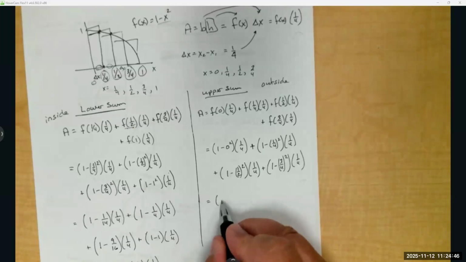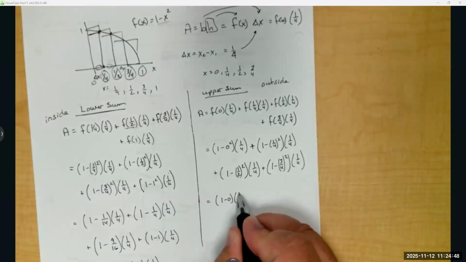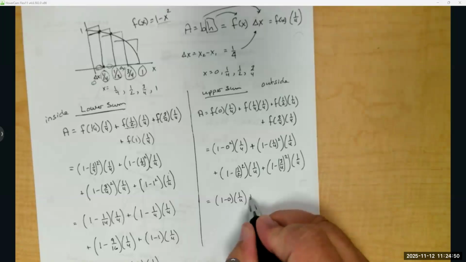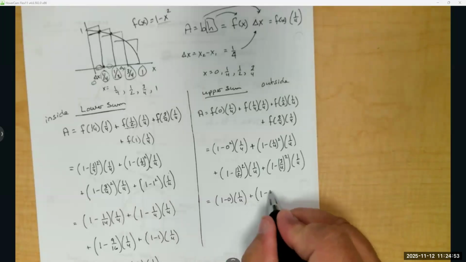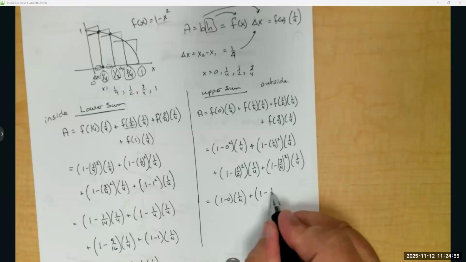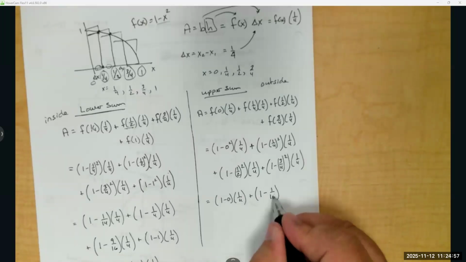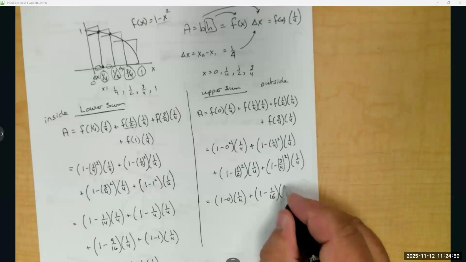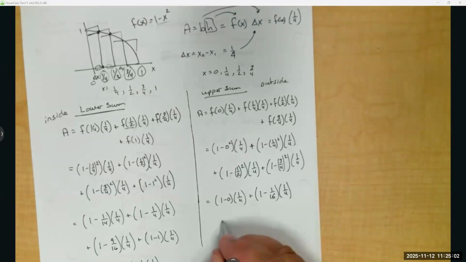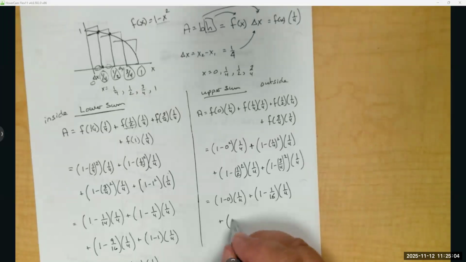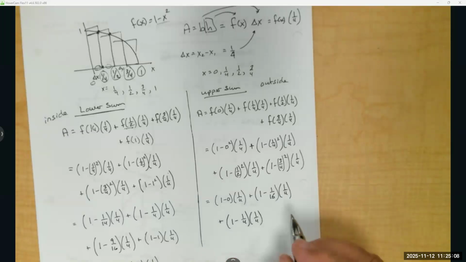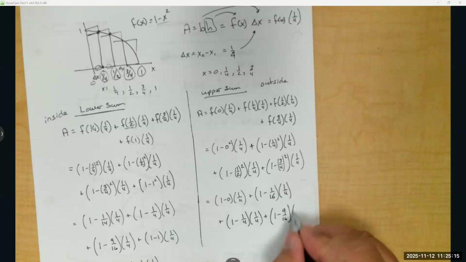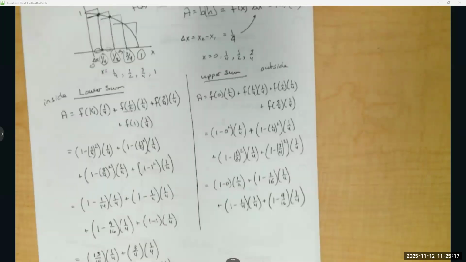So we have 1 minus 0 times 1/4. 1 minus 1/16 times 1/4. 1 minus 1/4 times 1/4. 1 minus 9/16 times 1/4.